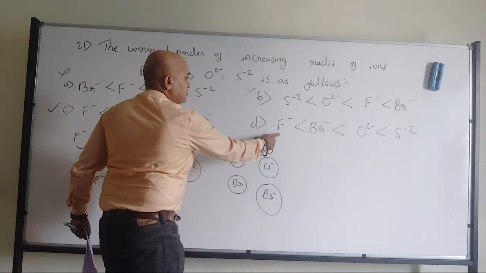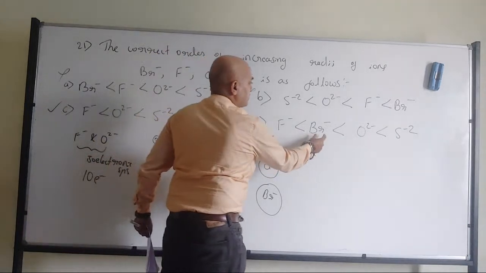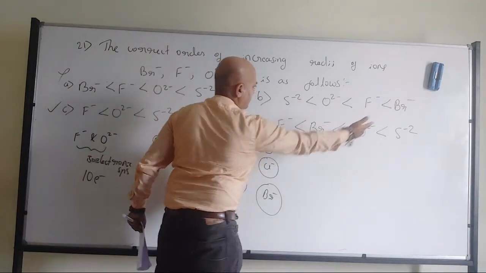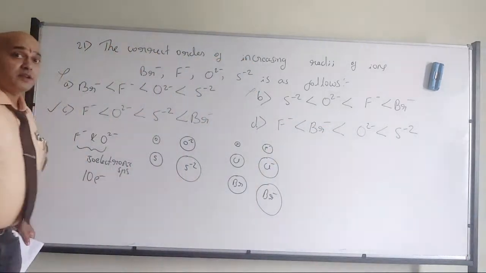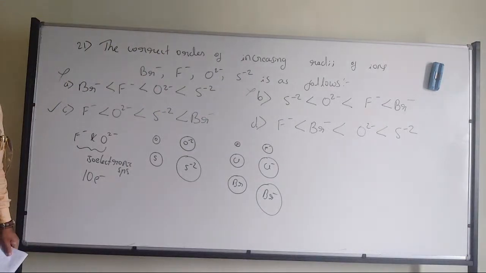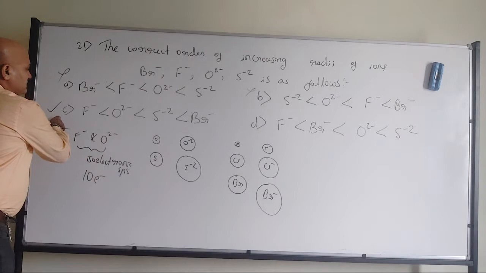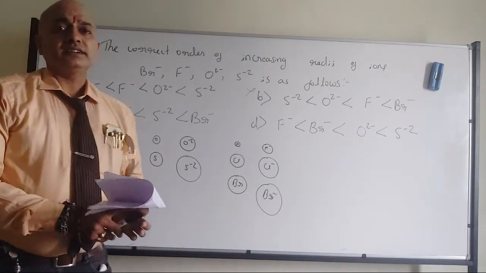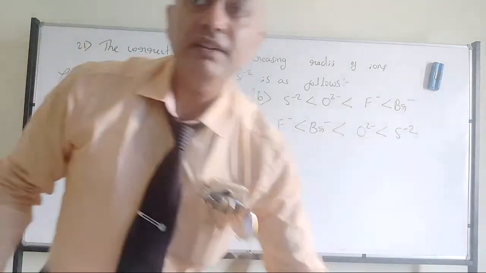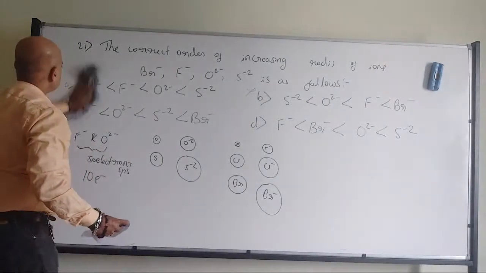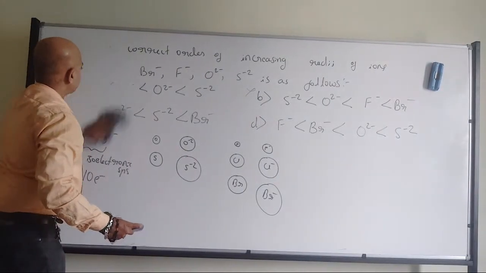And when it comes to here, it has to be wrong because they have given bromide here. It should have been last because bromine belongs to period 4. So naturally option C should be the answer. All of you have understood? Fine. So we will move to the next one.